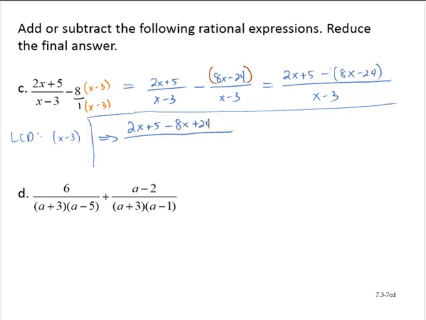Remember that we distribute that subtraction through each of the terms. And our common denominator is still x minus 3. Now, combining like terms, we have negative 6x plus 29 over x minus 3. There are no common factors in the numerator, so we will leave it as is.